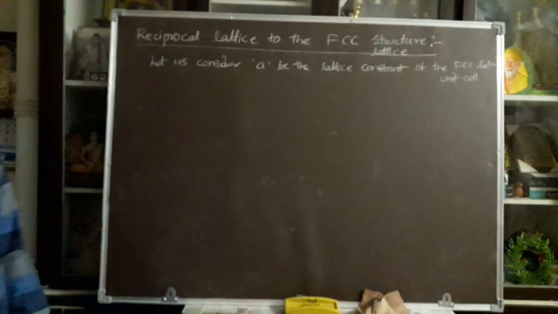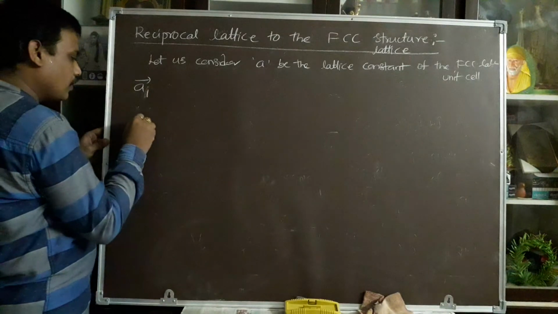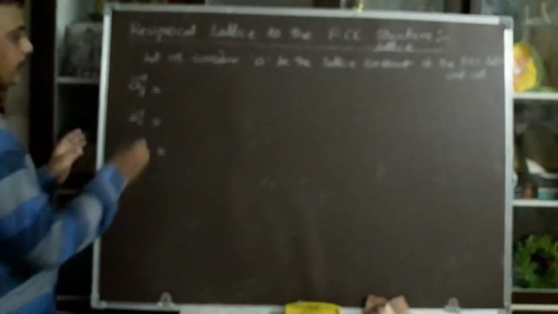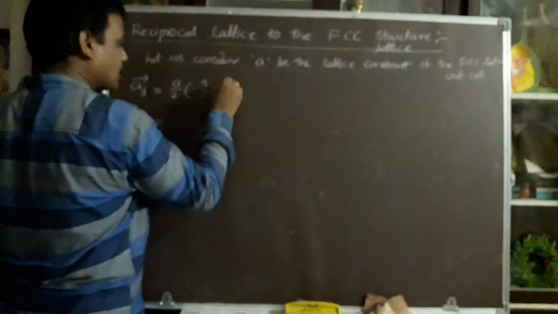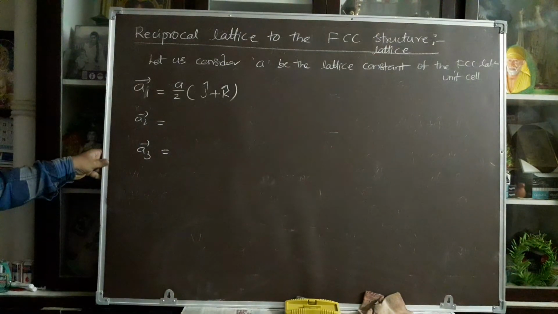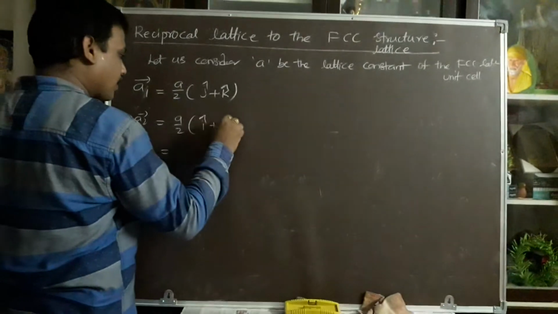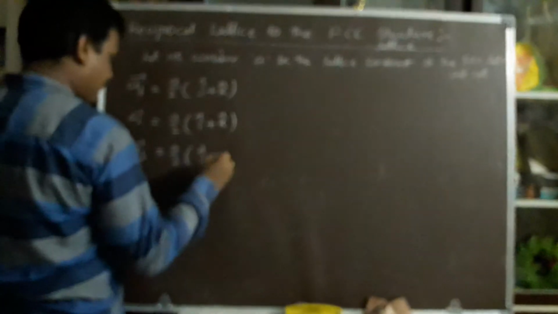Let a be the FCC lattice unit cell. From a three-dimensional point of view, you can write the primitive vectors a1, a2 and a3. Taking a1 as a/2 into (j cap plus k cap), a2 as a/2 into (i cap plus k cap), and a3 as a/2 into (i cap plus j cap).